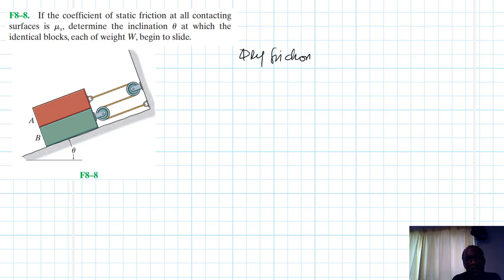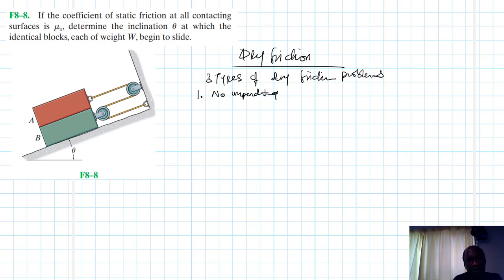In this particular problem, we are going to experience three types of dry friction problems. The first one is where we experience no impending motion at all the contacting surfaces.